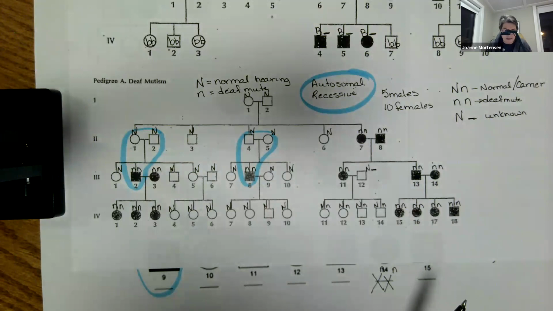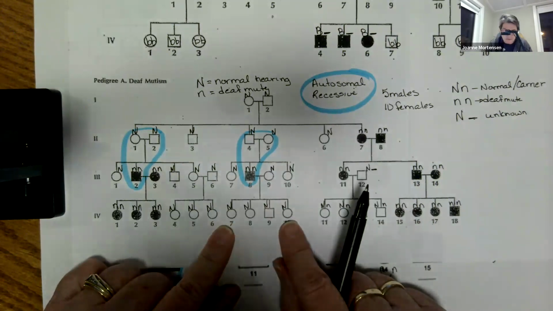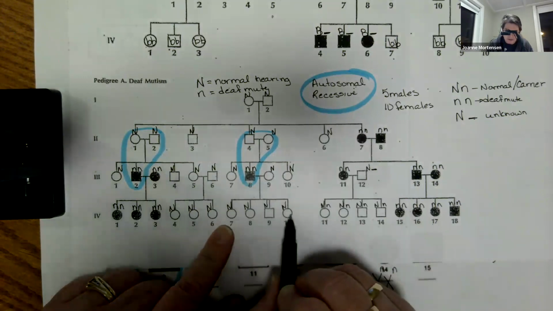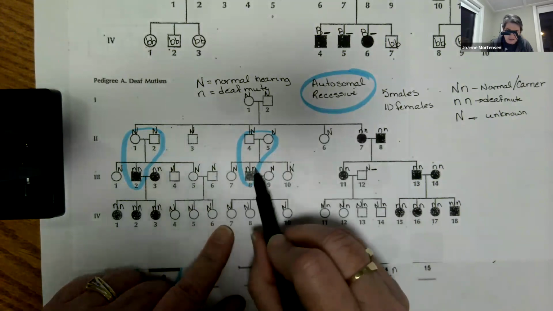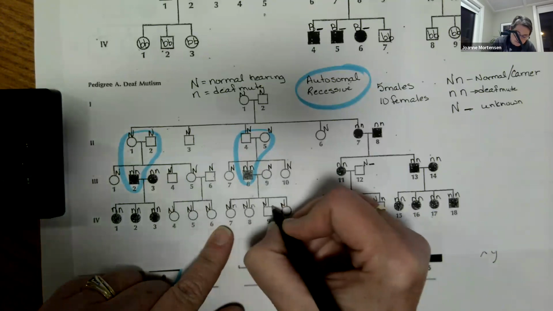Let's see now. Oh, let's go here. This feels like a similar situation, right? Dad is deaf, which means all of these children down here are going to get a lowercase n, so they're essentially going to be carriers.